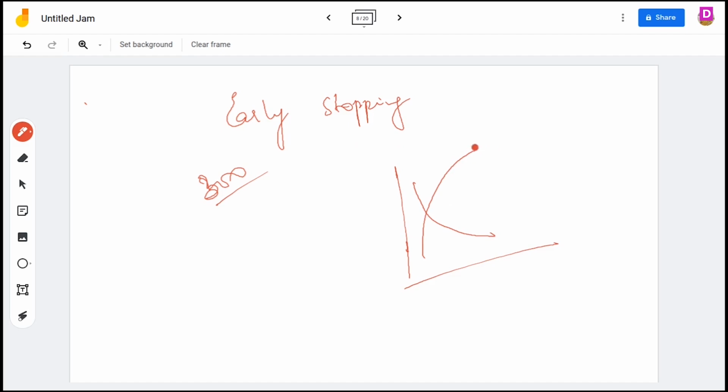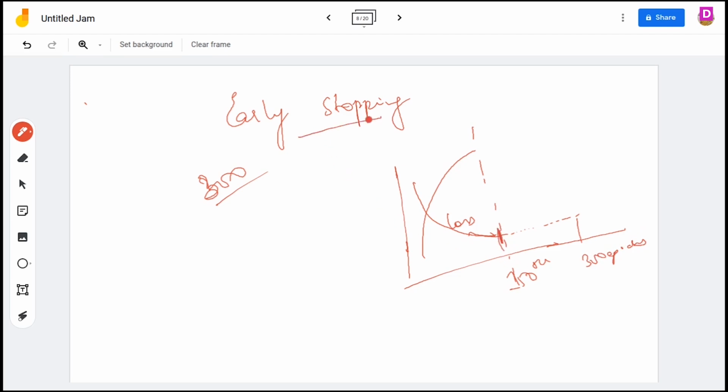Let's say this is about the 150th epoch, and the loss is here and it is not improving after this. There is no use in running it and exhausting my resources, my time and everything for 300 epochs, when I can easily stop it here.